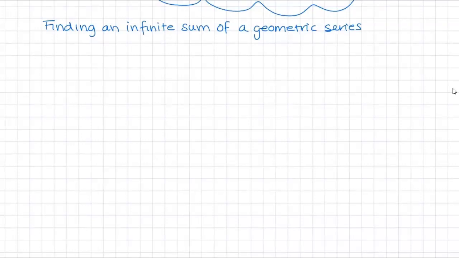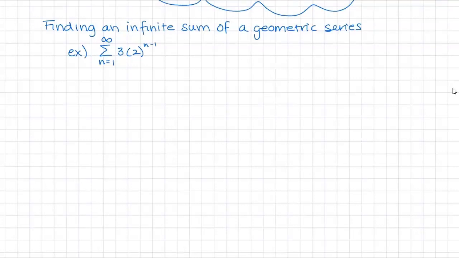So, for instance, if I had the summation as n goes from 1 to infinity, so we actually put the infinity in the top, so our upper limit's infinity, we're never going to stop, of, let's just look at this one, 3 times 2 to the n minus 1. So it'll be the same one we did before.